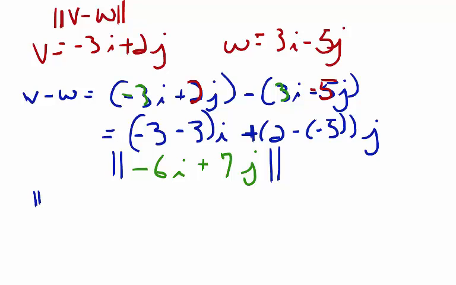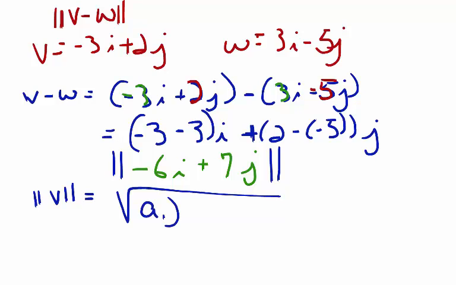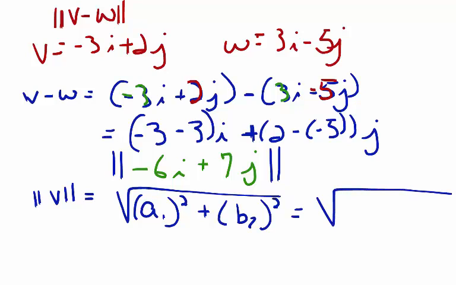Recall the formula for finding the magnitude of a vector is the magnitude of v equals the square root of a sub 1 squared plus a sub 2 squared. Plugging our values into the formula, we have the square root of negative 6 squared plus 7 squared.